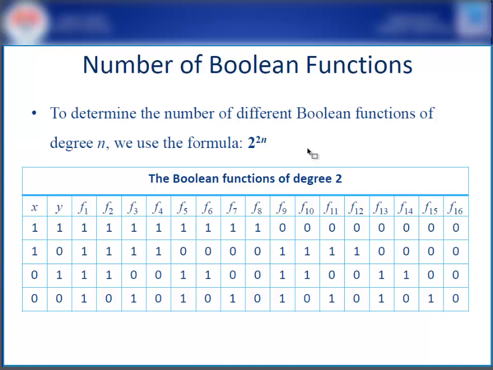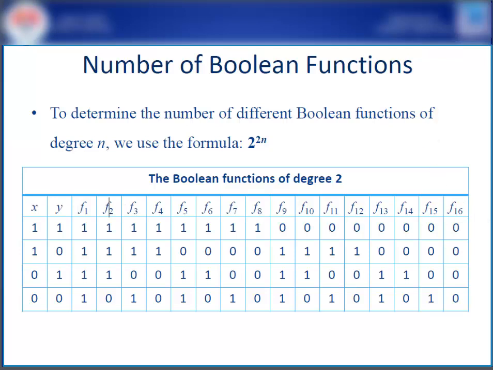The number of different Boolean functions of n input bits is 2 to the power 2 to the power n. Sorry, this n should be written as a power of this 2. So if we have 2 input bits, then the number of possible Boolean functions is 16.